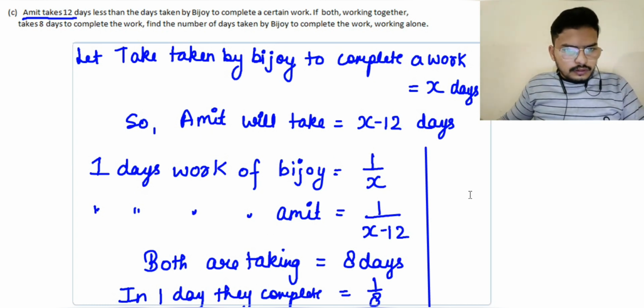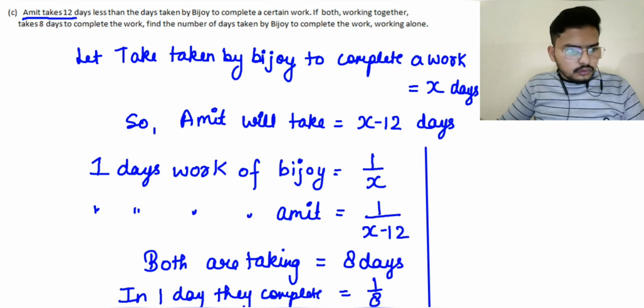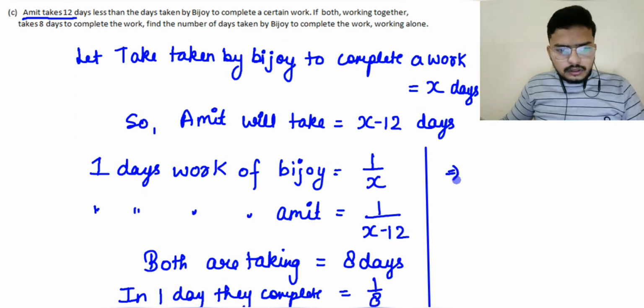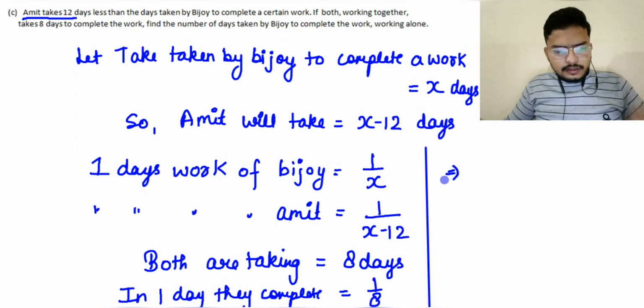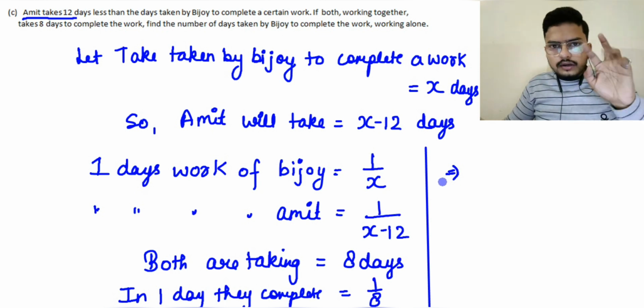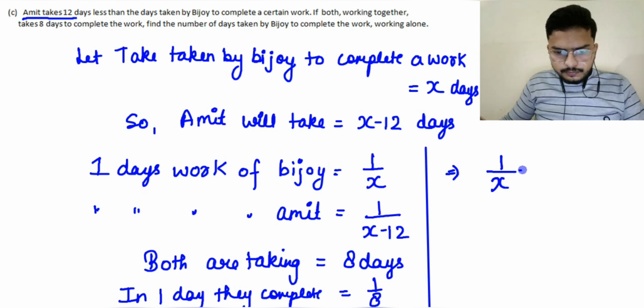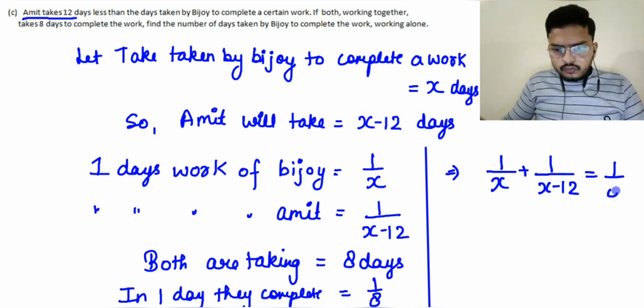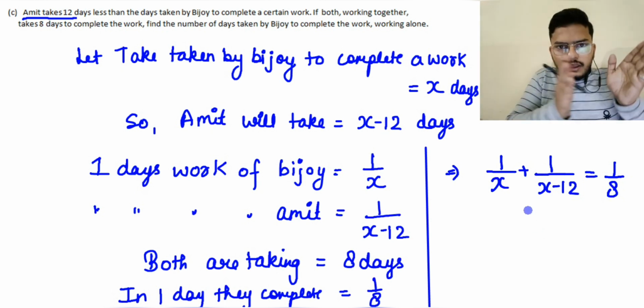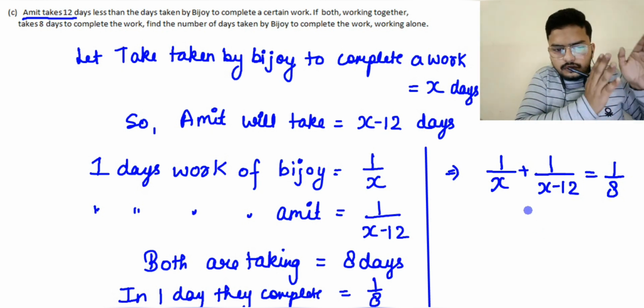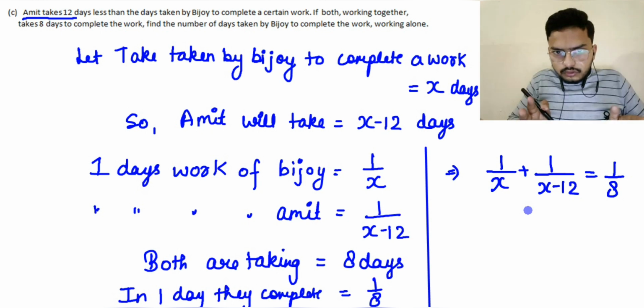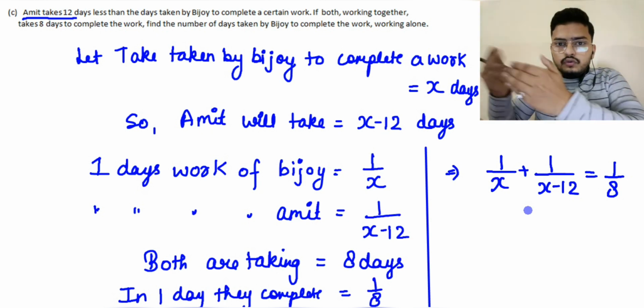So the question says that if both take 8 days, it means in one day they both complete 1 by 8 of the work. So 1 by x plus 1 by x minus 12 equals 1 by 8. Here I am adding the one day work of Bijoy and Amit, which equals 1 by 8.